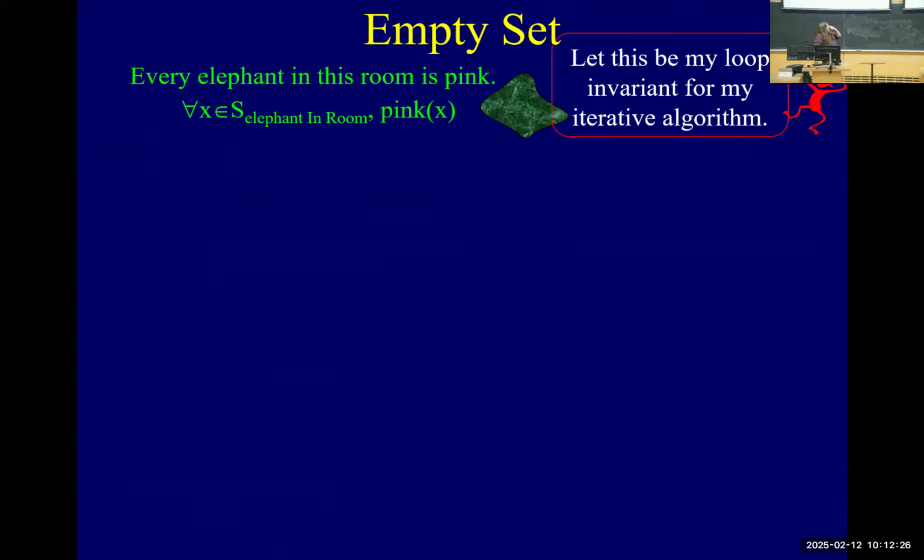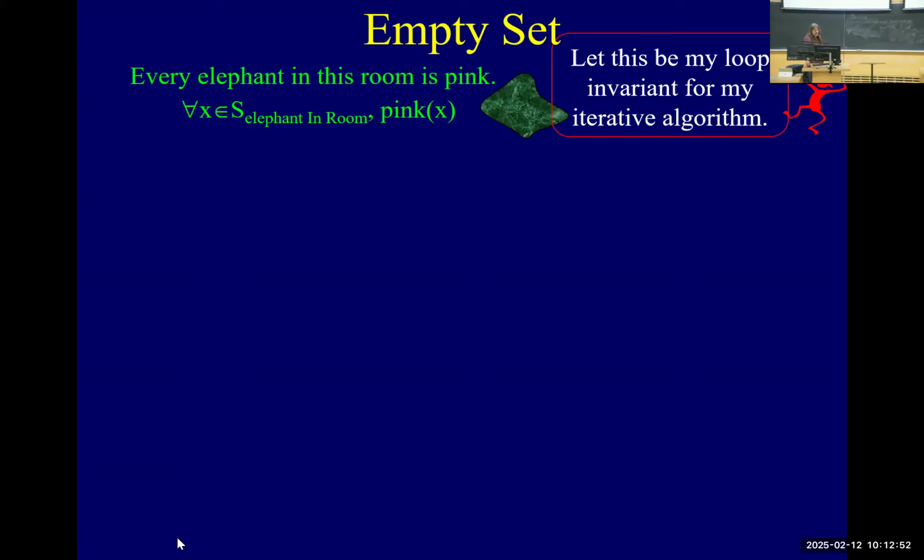As I said, it's for recursion, but it can also be for loop invariants. If you know what a loop invariant is, at the top of the loop you have something that's always true. And here, the loop invariant we want is that every elephant in the room is pink.